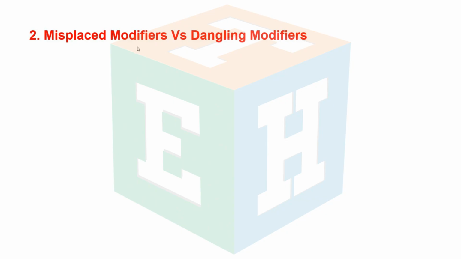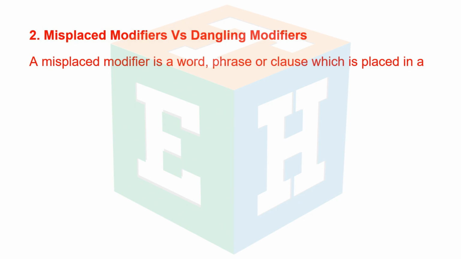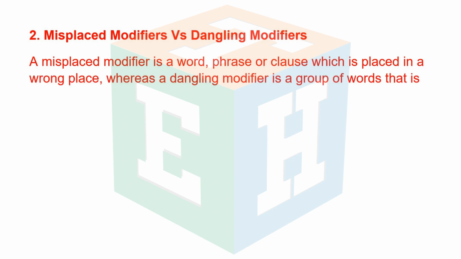Two, misplaced modifiers versus dangling modifiers. A misplaced modifier is a word, phrase, or clause which is placed in a wrong place, whereas a dangling modifier is a group of words that is used to modify a wrong element in a sentence.